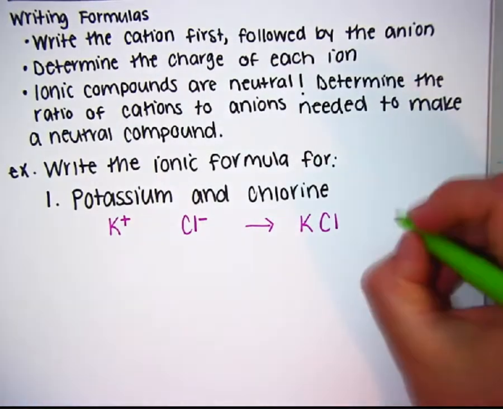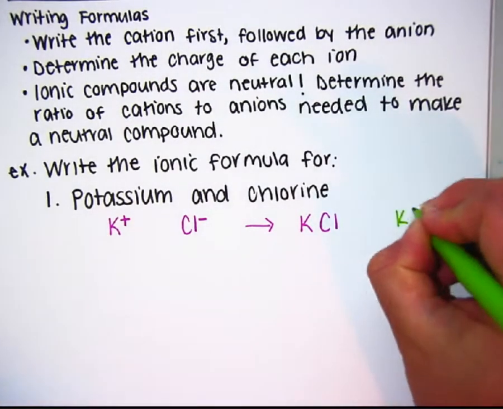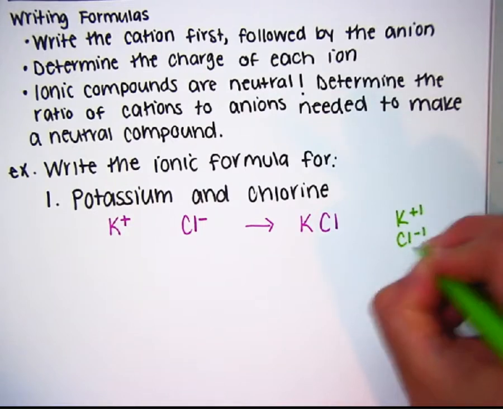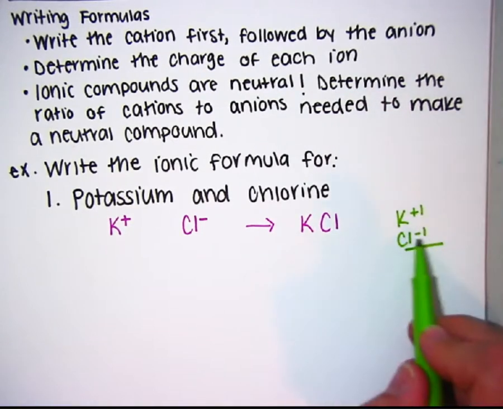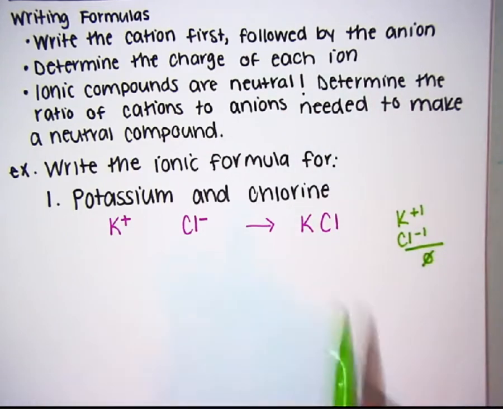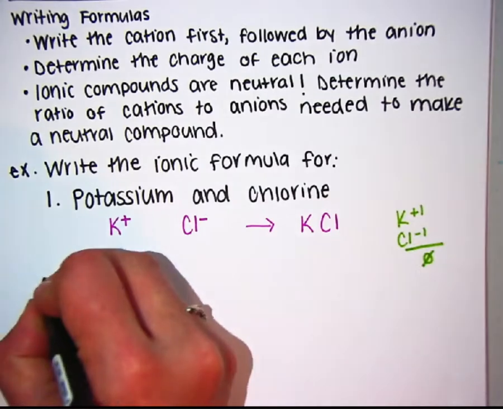If you need to, write out your charges and add them together. Positive 1, -1, 0. Since I only need one potassium and one chlorine, remember we don't need to write those ones in.